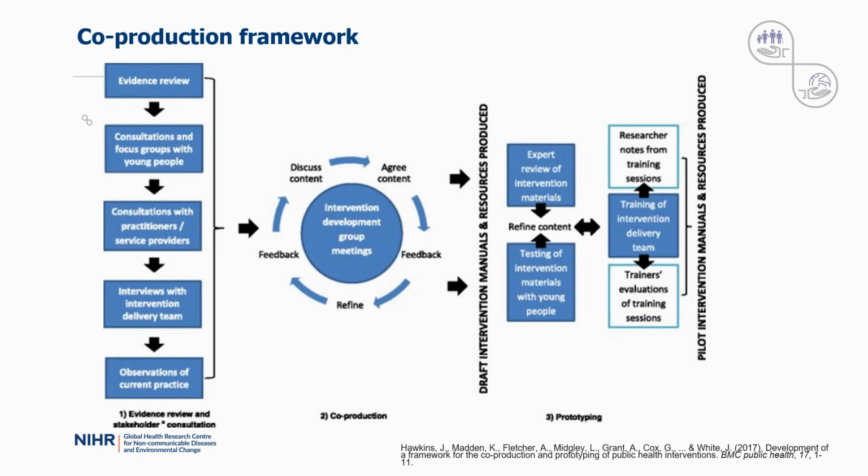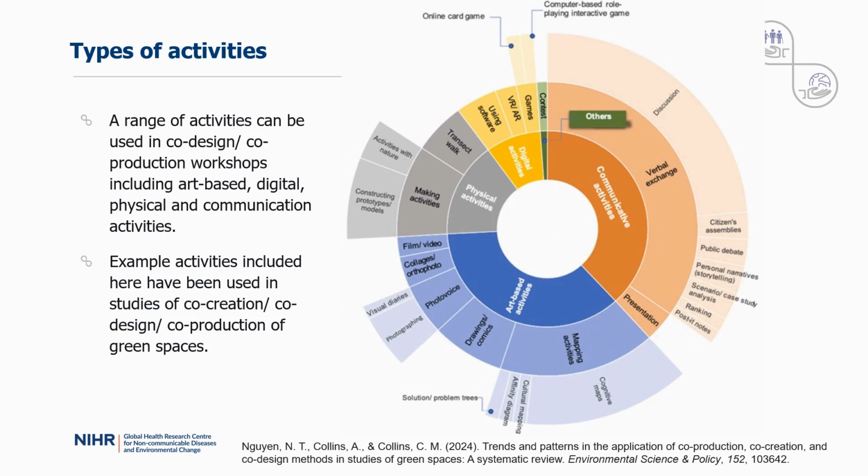So the draft intervention is then reviewed by the experts and tested with young people at the right-hand side, and essential training is also provided for intervention delivery. This is just one example, but this process can be adapted to different co-production scenarios.